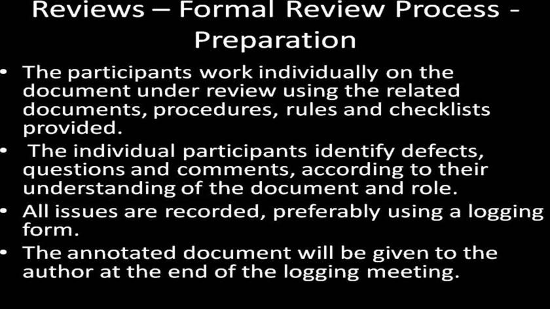A critical success factor for a thorough preparation is the number of pages checked per hour. This is called the checking rate. The optimum checking rate is the result of a mix of factors, including the type of document, its complexity, the number of related documents, and the experience of the reviewer.